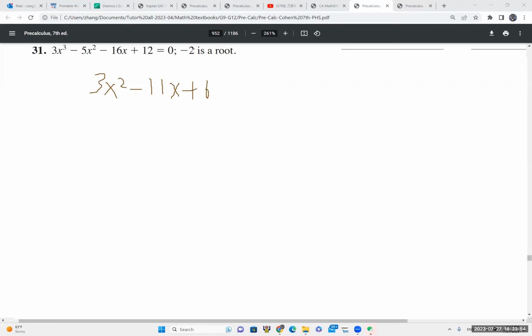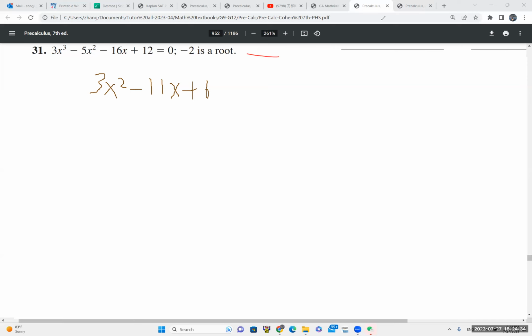You just use it to replace x and see if the left side equals the right side, right? Okay, you can go ahead.